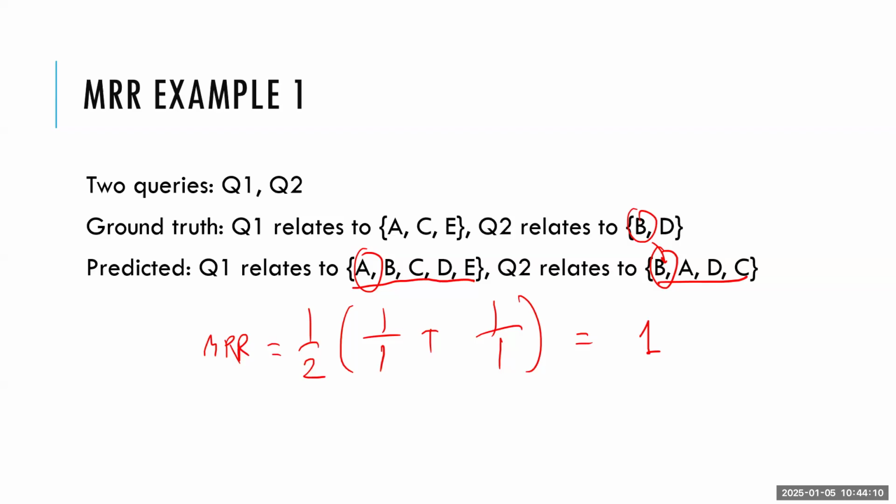And what is the intuition behind this? When you use Google search, you only look at maybe the top few results, and if the top few results are what you need, you don't care about the rest, right?